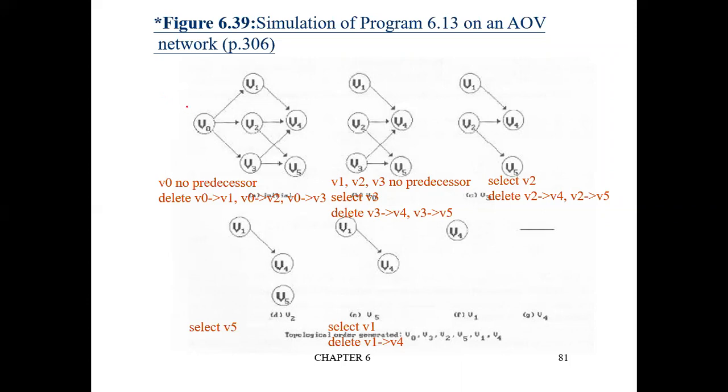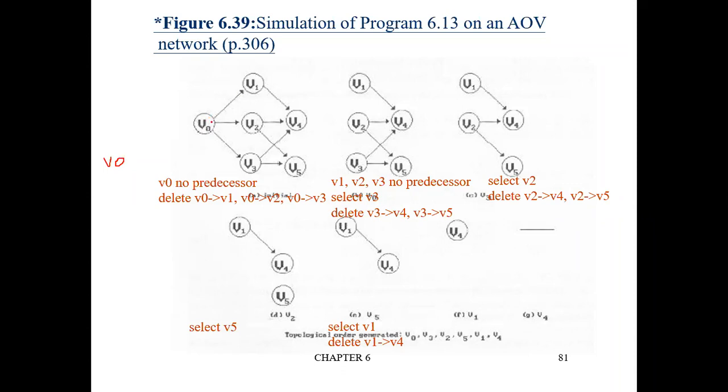So identify the vertex whose in degree is 0. This is that vertex. Just display it, or visit it. After visiting that vertex, delete all the edges that are going out from V0.